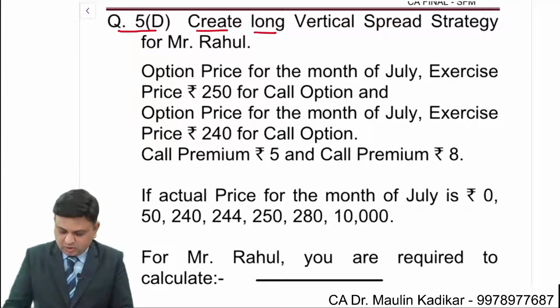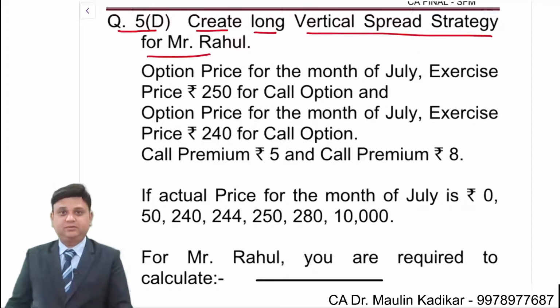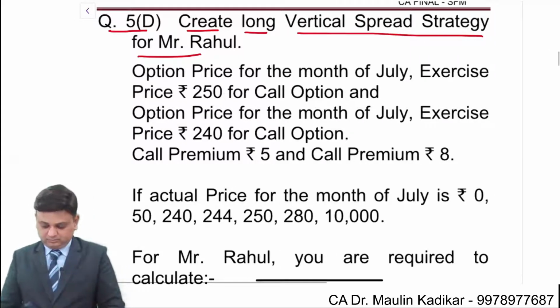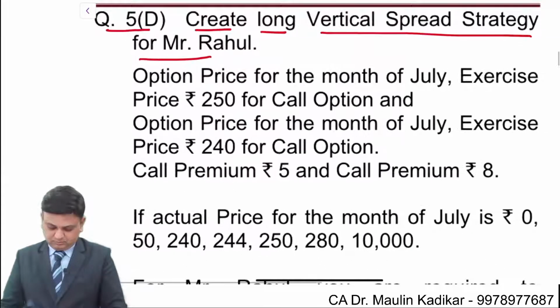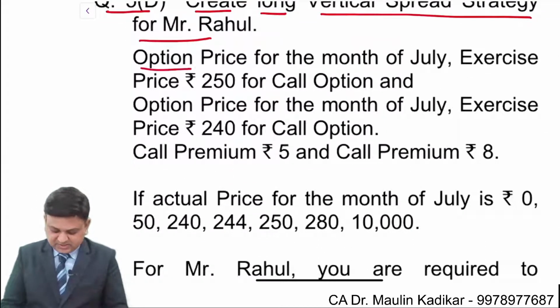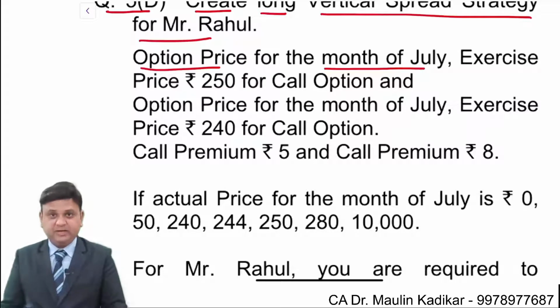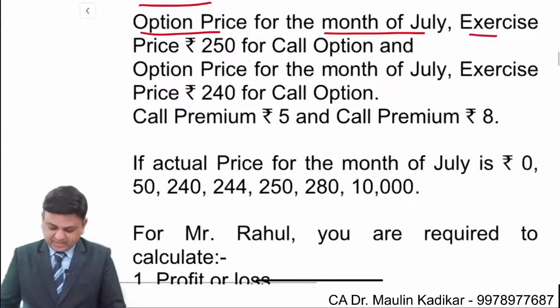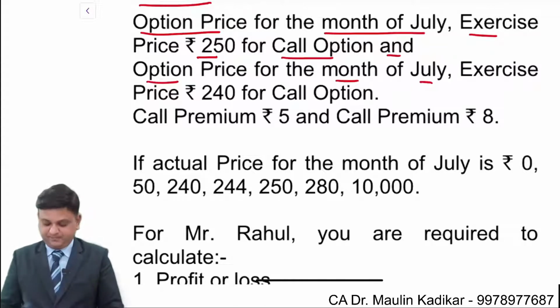Create a vertical spread strategy for Mr. Rahul. Option price for the month of July, exercise price rupees 250 for call option, and option price for the month of July, exercise price 240 for call option.